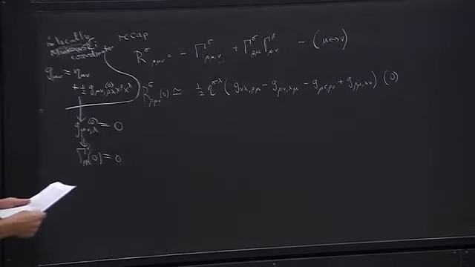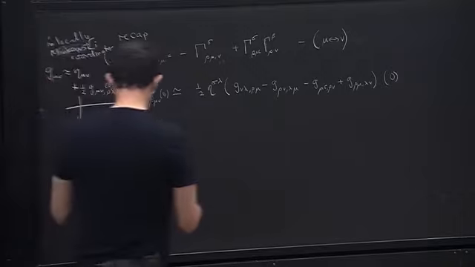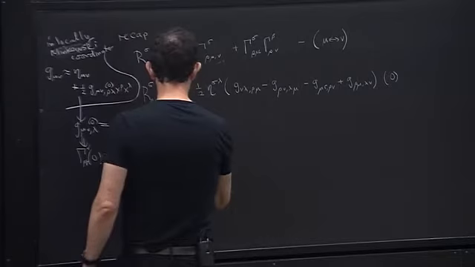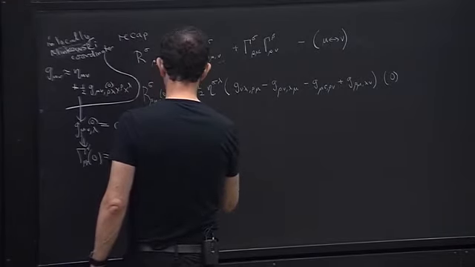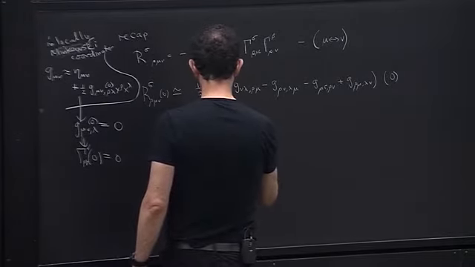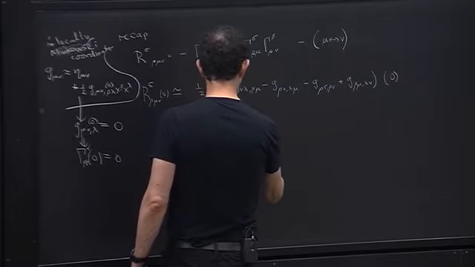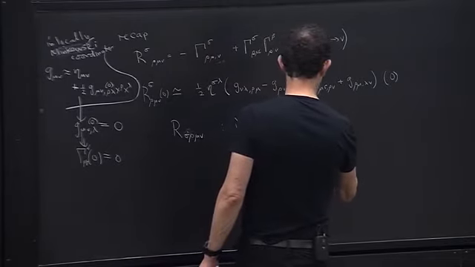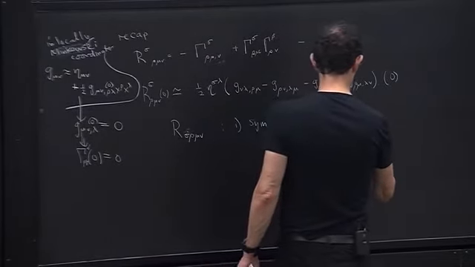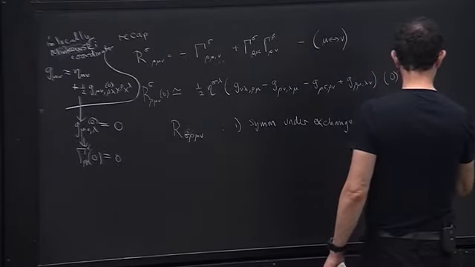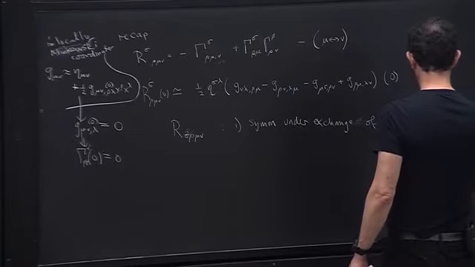Okay, and then I think in class you should have convinced yourself that if I lower all the indices, R sigma rho mu nu, this is, first of all, symmetric under exchange of the first pair and the second pair of indices.